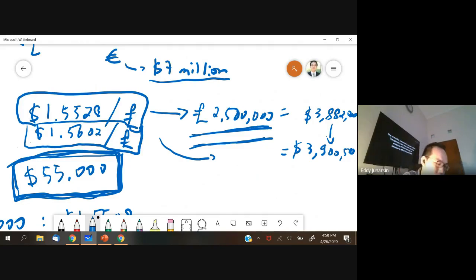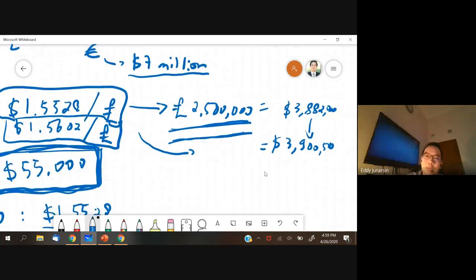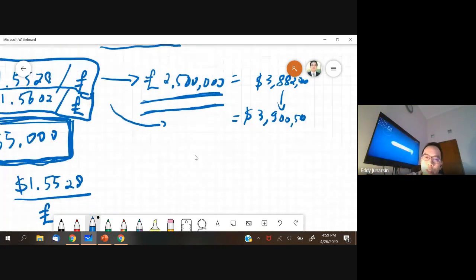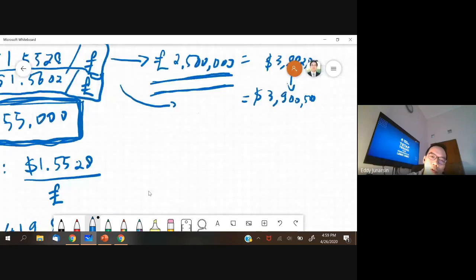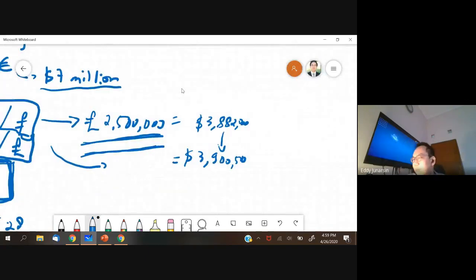You simply lose the money just because of the change in the exchange rate. So not because of your bad operational performance, actually. But again, now you can't use that reason, because if you say this is beyond your control, you'll still be fired in these modern times because you don't do enough.